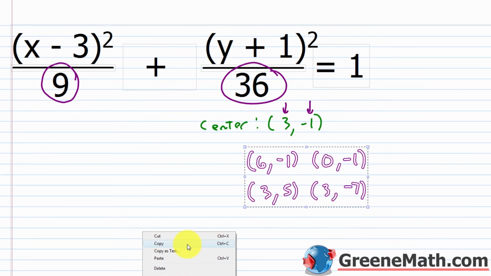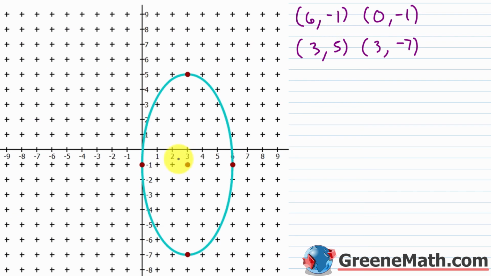You grab the points. Let's start out with 6, negative 1. So that's going to be right here. We would have 0, negative 1, which is right here. So again, from the center, this is moving 1, 2, 3 units to the right, and 1, 2, 3 units to the left. Then we have 3, 5, so that's right here. And then we have 3, negative 7, that's right here.